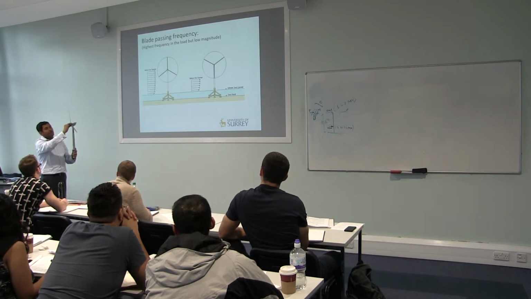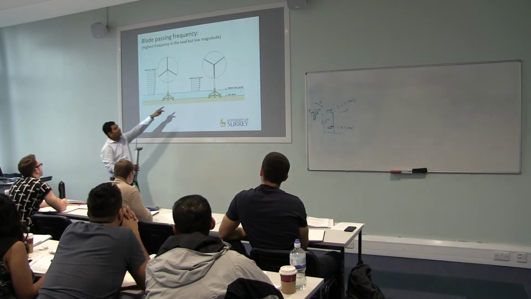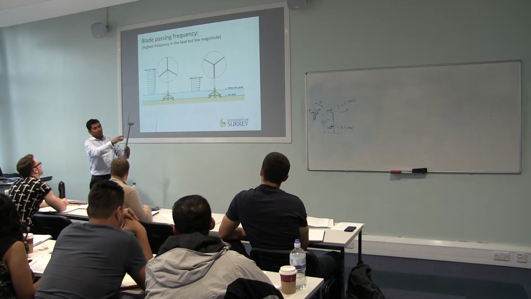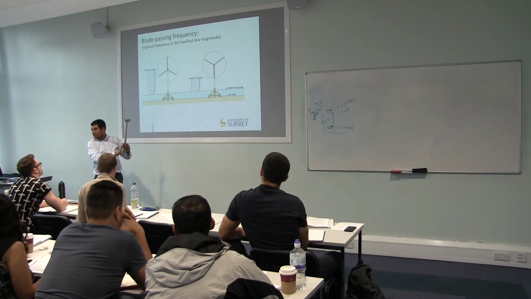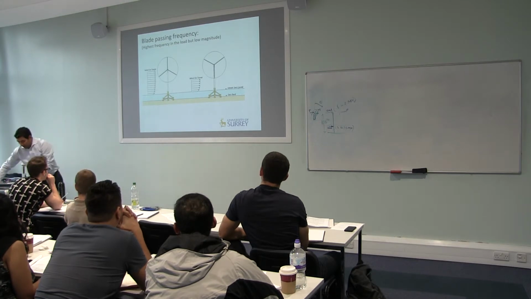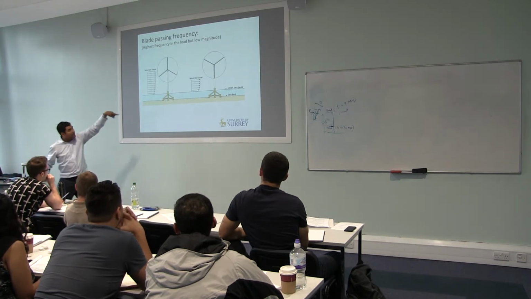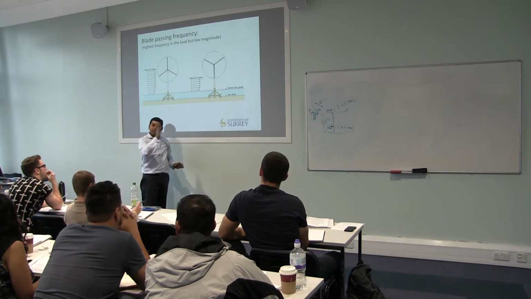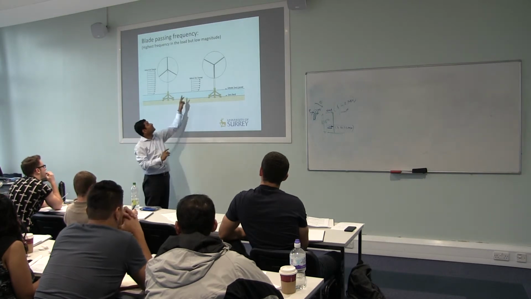Think of a case when the blade comes in front. You only get load up to the middle part, or the small part, isn't it? As soon as the blade passes, you get a drop in the tower load. So a big tower load and a small tower load. That's a 3P load.